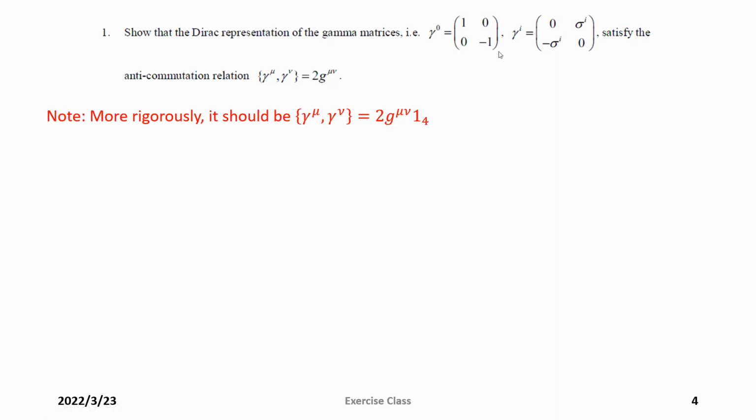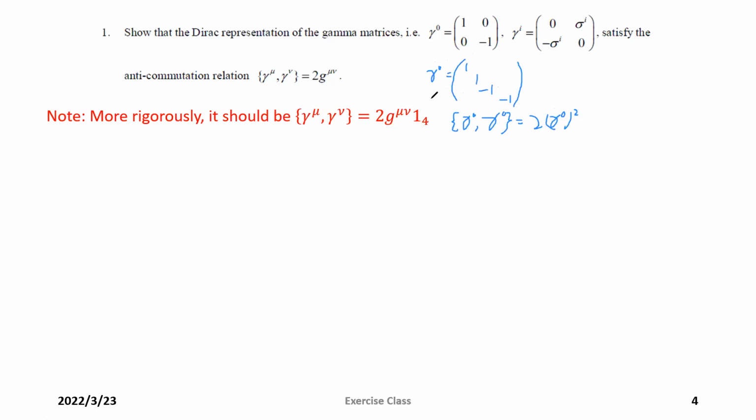So that means, for example, if we write gamma 0 back to this 4 times 4 matrix form, then it will be 2 g^{00}.